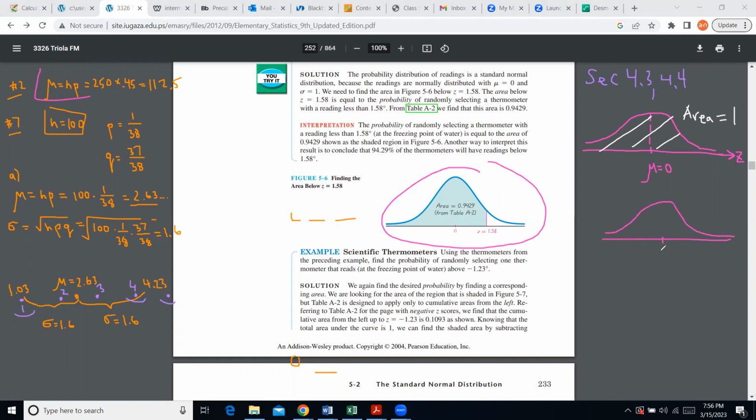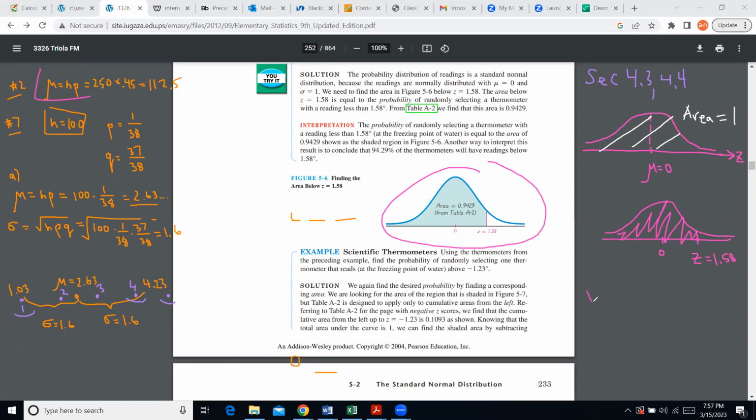I know it is standard normal because 0 is my mean. In fact, they actually tell us this in here, and they want to find the area from z, which is 1.58, all the way to the left. They highlighted this area just like that.